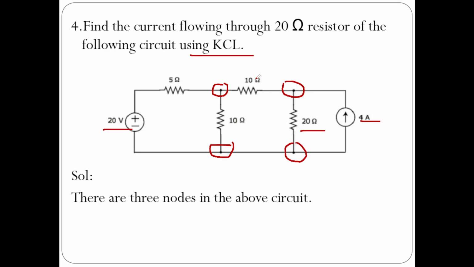So here node 1, node 2, and node 3. I have assumed some node voltages: V1 at node 1, V2 at node 2, and node 3 is the reference node, whose value will always be equal to 0.